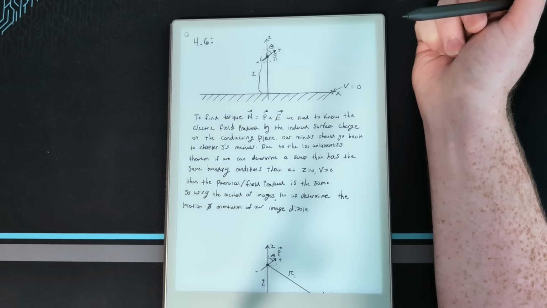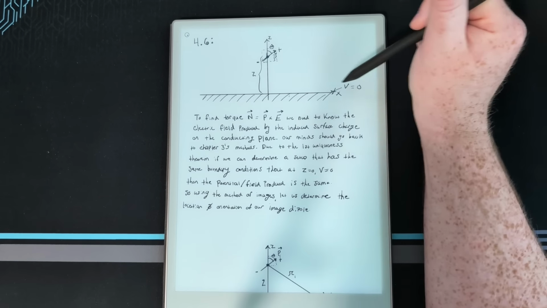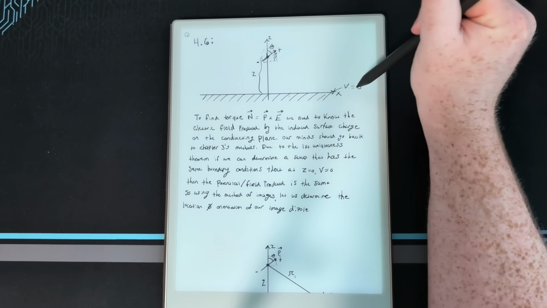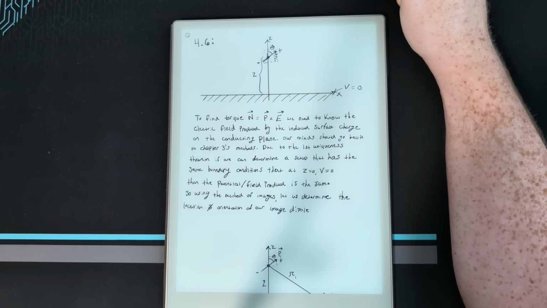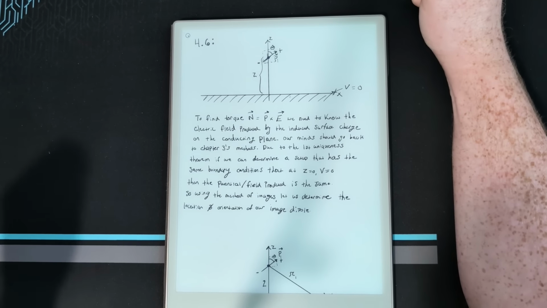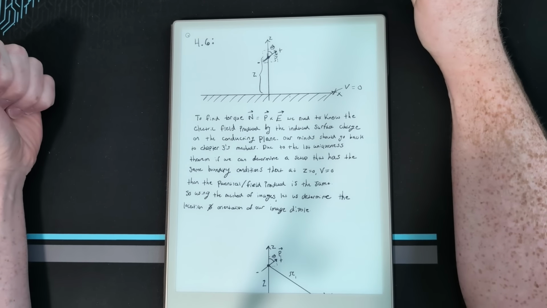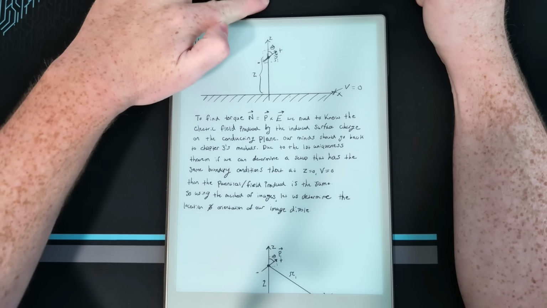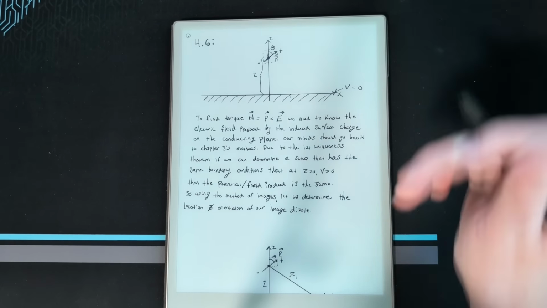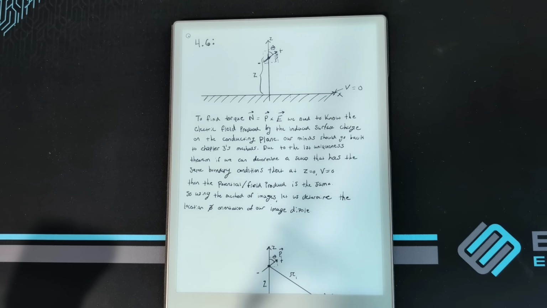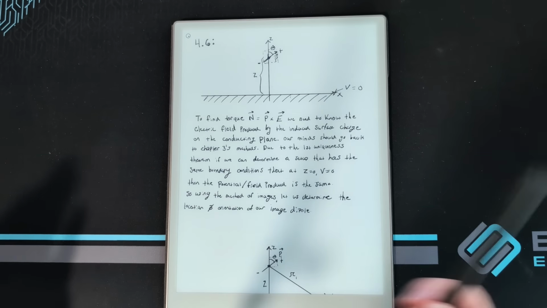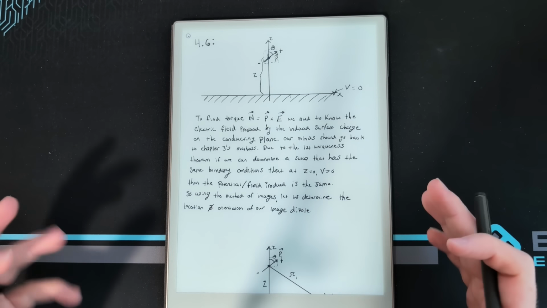But another method is that, given this conducting plane is grounded and the potential is 0, there's a theorem that we come up with in chapter 3 that says, if some configuration of charges meets the same boundary conditions in the region that you're solving for, then that potential is correct.